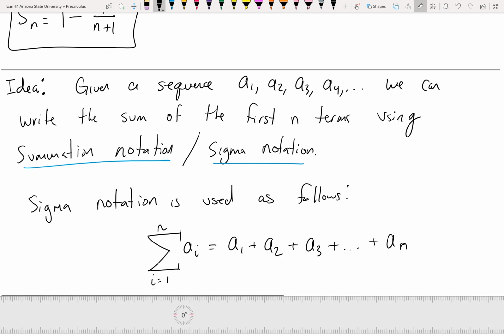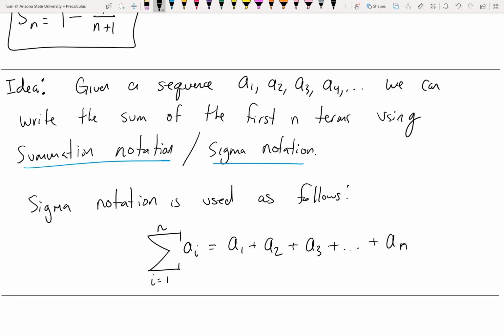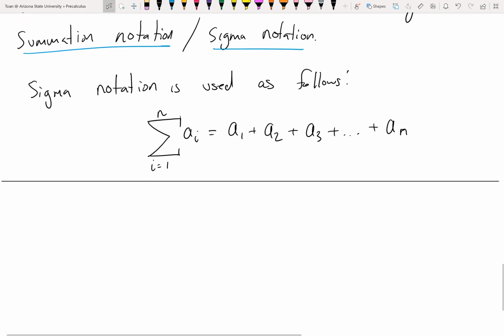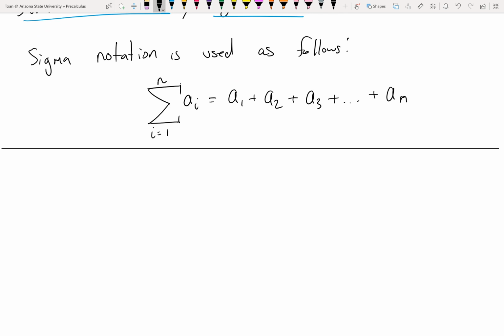So that is the formal fancy schmancy definition of sigma notation. Let's actually break down what these letters mean. Right. So I'm going to go ahead and recopy the sigma notation.